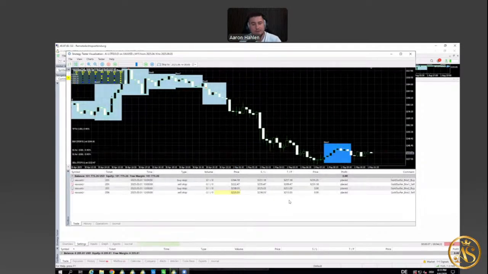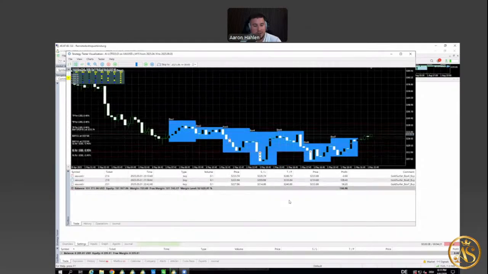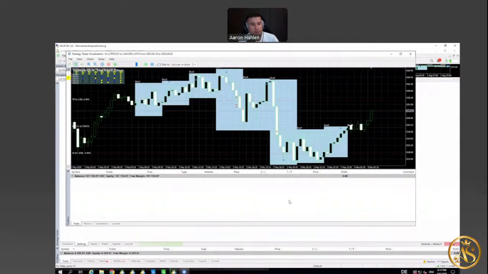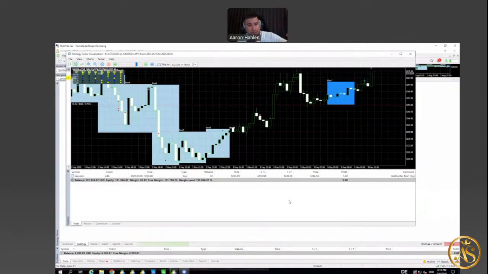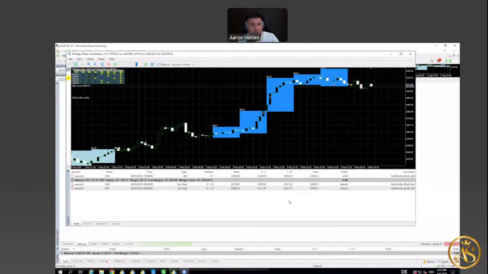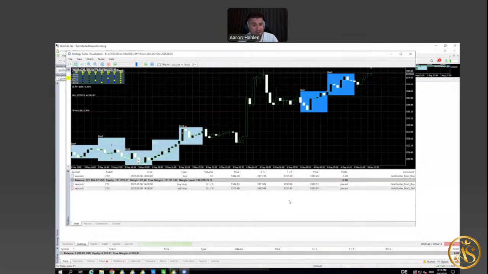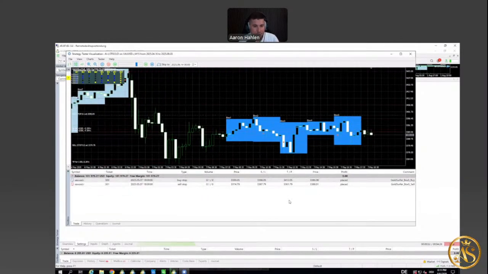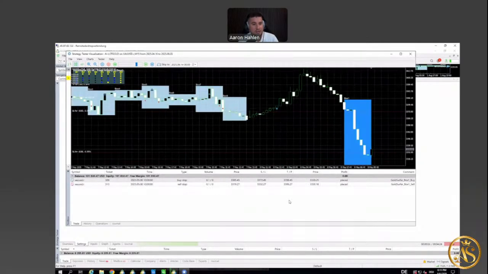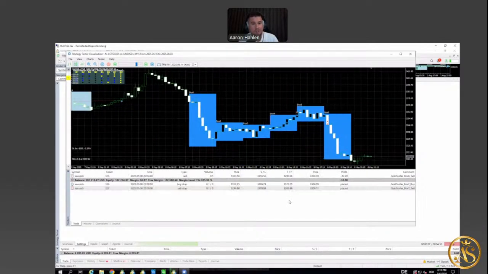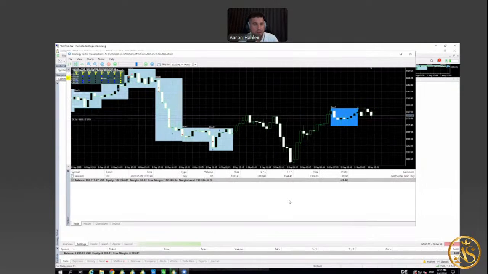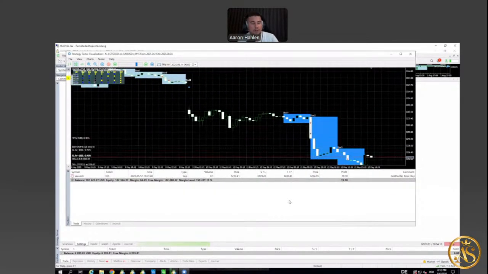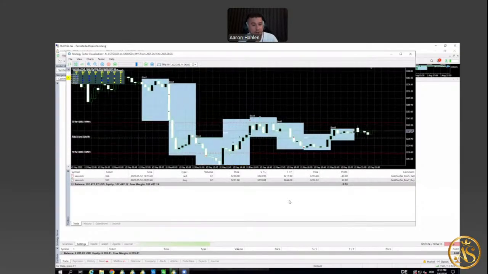That means when the gold chart is trending in one direction, if it goes impulsively up or impulsively down, if we have a clear trend, this is the best scenario for us, because when this happens, we will always get a lot of take profits because we are trading breakouts. So if the gold chart is breaking out in one direction, we will most likely get a lot of take profits.